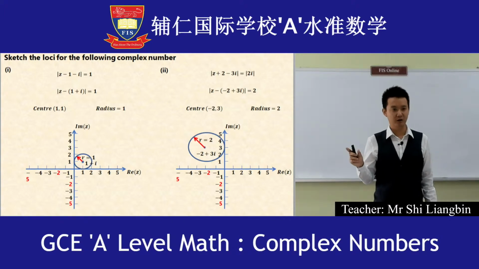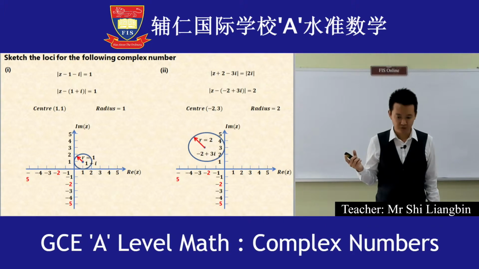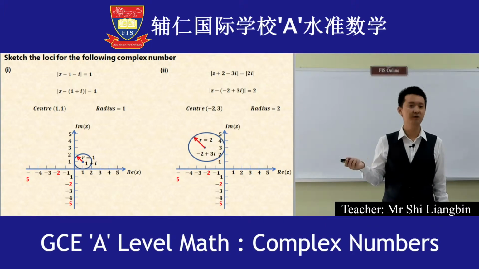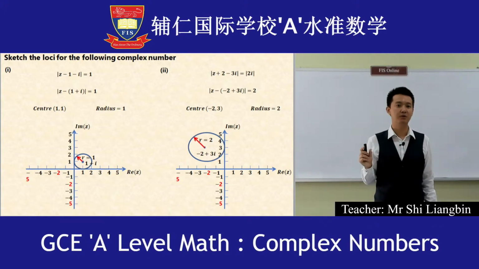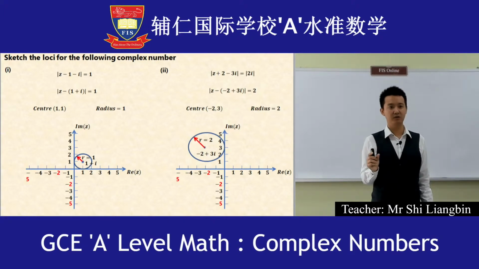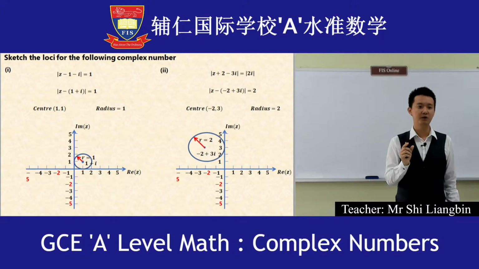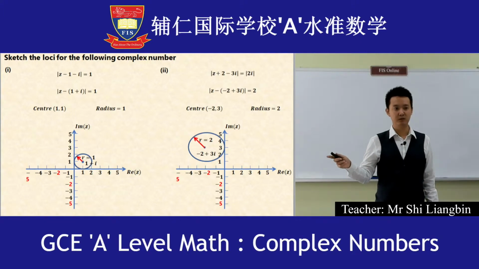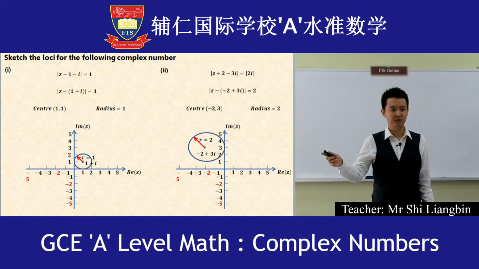Now we take a look at the second equation. It might be a bit confusing for you on the right hand side, because there you see modulus of 2i instead of a constant value. In this case, what should you do? I still need you to recall how we find the modulus. Modulus of 2i, using the modulus formula, is simply converted to 2.